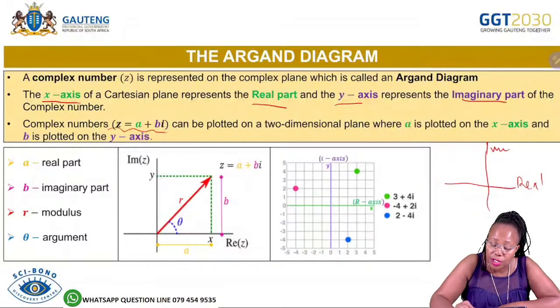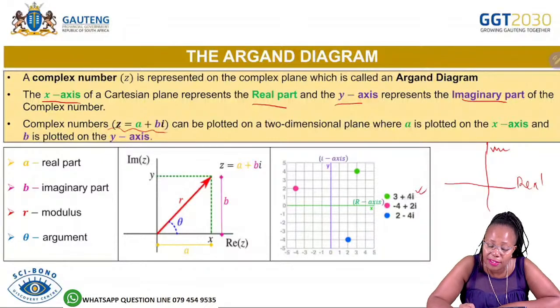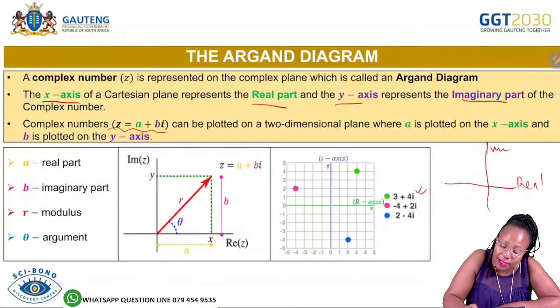For an example, let's look at the first complex number there. We are having 3 plus 4i, and then it's represented by a green dot there. You go to your Cartesian plane, right? This is the imaginary, this is the real part on y and x axis. So now we represent 3 on the real axis because it's an a value. So it will be 1, 2, 3 there, coordinating with the 4, 1, 2, 3, 4 on the imaginary part.